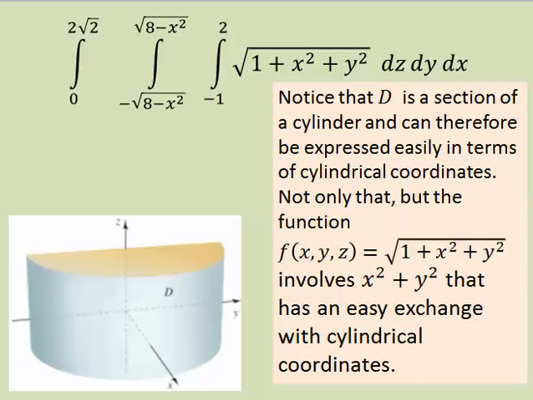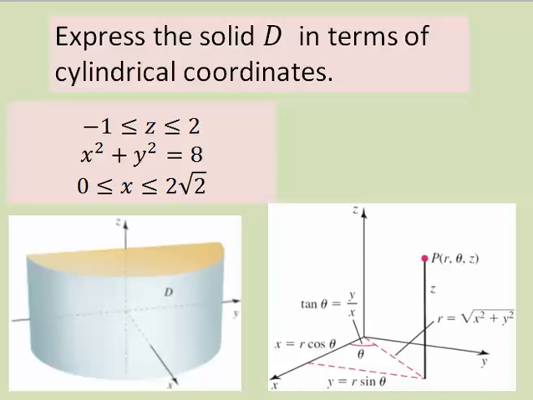Let's write our region D in terms of cylindrical coordinates. So first, let's remind ourselves of how cylindrical coordinates work. Very similar to polar coordinates, except for z, which just gives you your elevation.